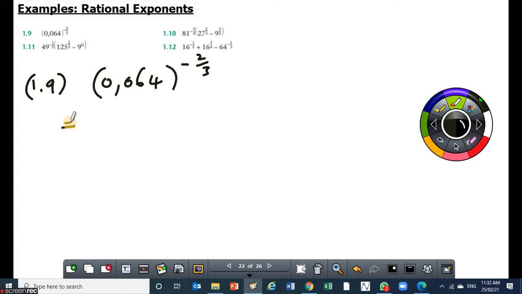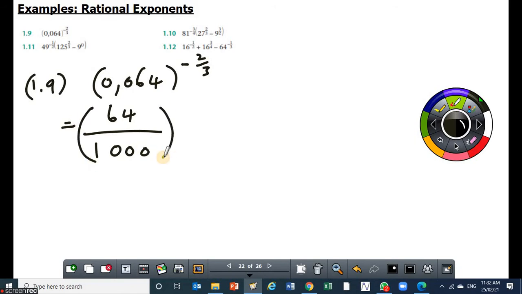So 0.064 is the same as 64 divided by, now which multiple of 10 has got 3 zeros? It's 1,000. So that will be over 1,000 because there are 3 digits after the comma there.